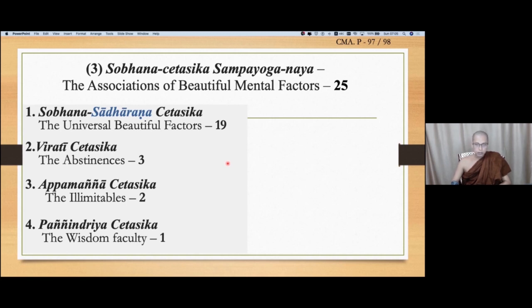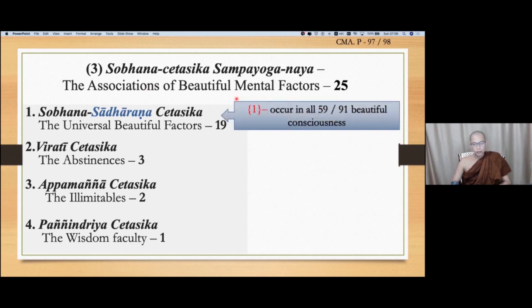According to this division, the 4 ways of association also will come. The first one is the Sobhana Sadharana Chittasika. They occur in beautiful consciousness only. These 19 mental factors will not arise with non-beautiful consciousness, those are unwholesome 12 and rootless 18.